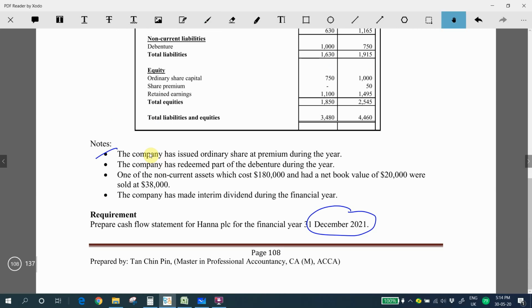So when you're talking about issuance of share, this is more related to your financing activity, which is the third part in your cash flow statement. So we have to identify how much money we collect from the issuance of share. So let's have a look here.